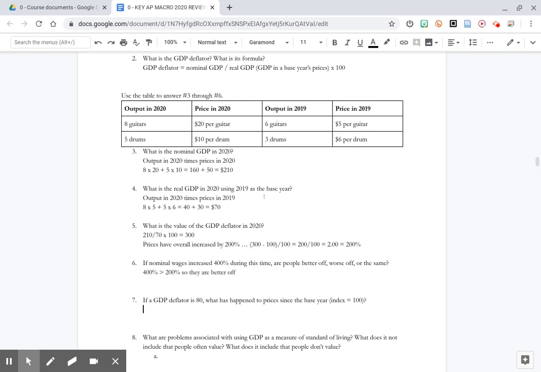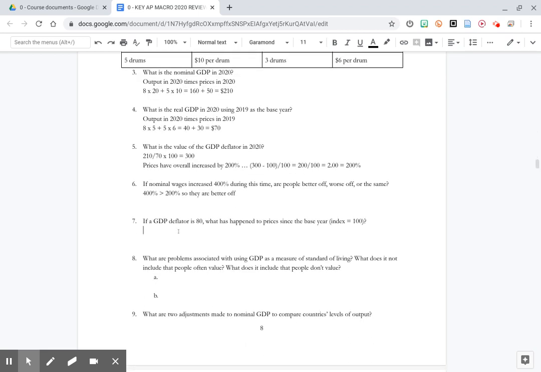If a GDP deflator, and this is not related to the table, 3 through 6, so number 7, if a GDP deflator is 80, what happened to the prices since the base year if the index is 100? The new minus the old divided by the old is how we figure out percent change. So let's solve that.